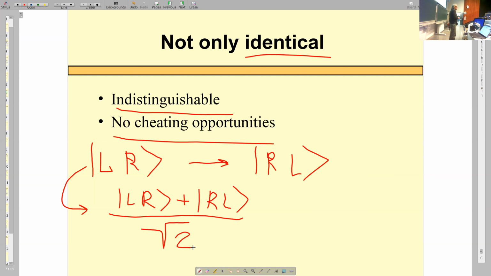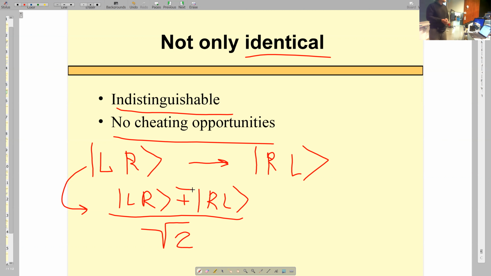Okay, that is for bosons. For fermions, we have a minus sign here. That means the wave function changes sign, but changing sign or any phase factor of the wave function actually does not change any observable.